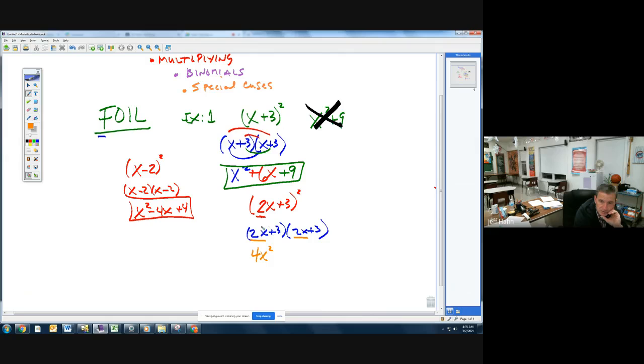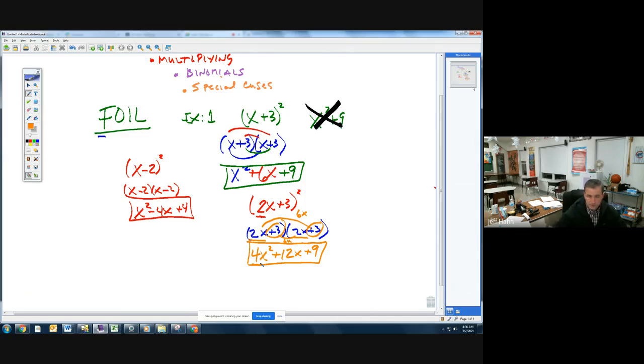The outside terms, 2x times 3 is 6x, and the inside term is another 6x. You put those two 6x's together, you get 12x, and you put plus 3 times plus 3, or positive 3 times positive 3, is 9. I don't remember us ever getting, maybe it was in your assignment, a number in front of the x squared, but it's just that easy there.